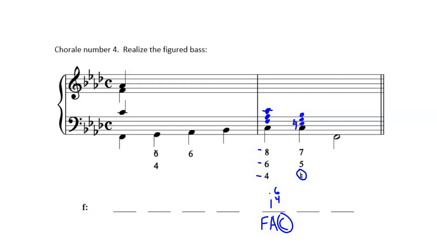So that chord is a C, E natural, G, B, with the C in the bass still. So this is a I 6/4, V 5/7, going to the F, A, C, I. Okay, so this is a cadential 6/4.